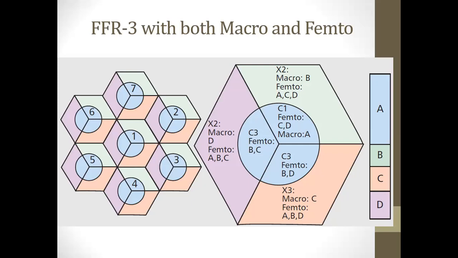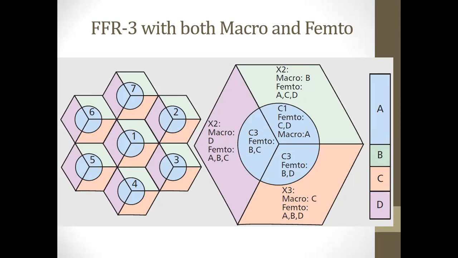Okay, so there are more variants of FFR. It's also possible that you allocate different levels of power. Or, you allocate some resource block for selected users, and then you make sure that this resource block will be using a lower level of power in the neighboring cell.